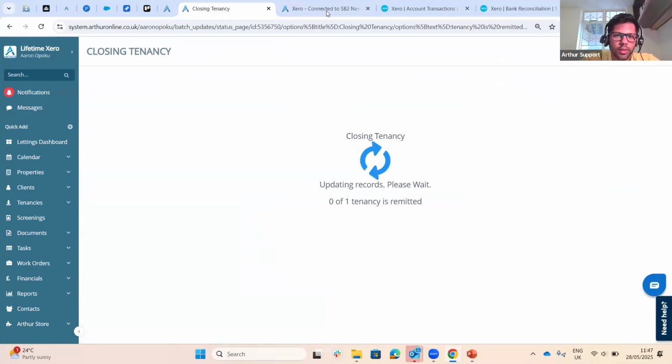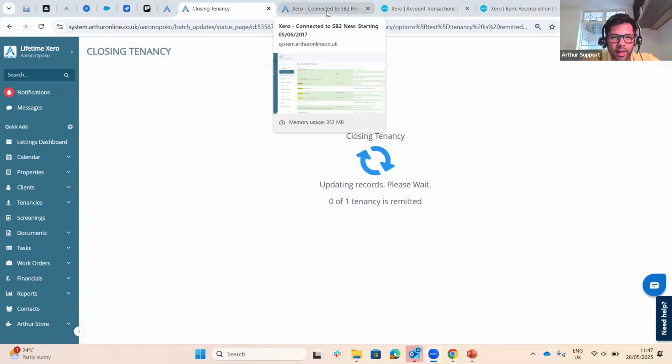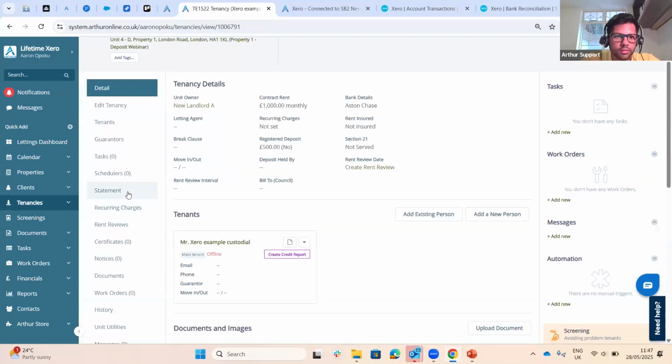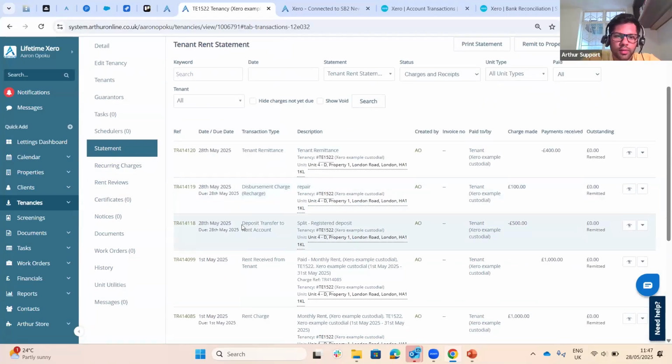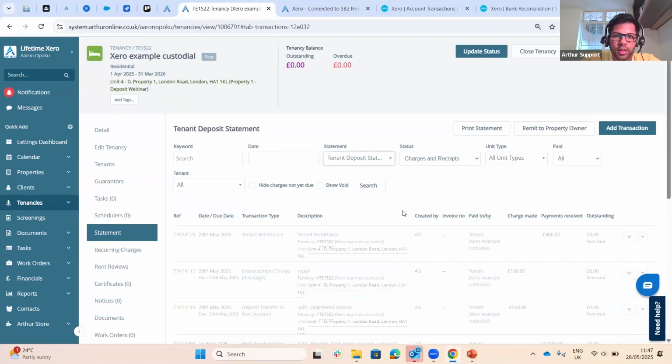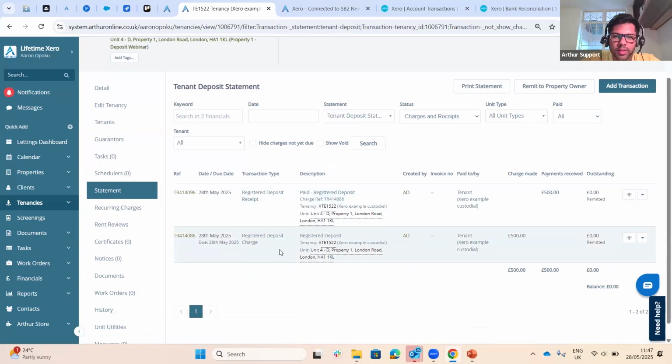So looking at the two transactions that get created by this process, we can see, first of all, the deposit transferred to rent account. At the start, we said this is the opposite transaction to the registered deposit charge.